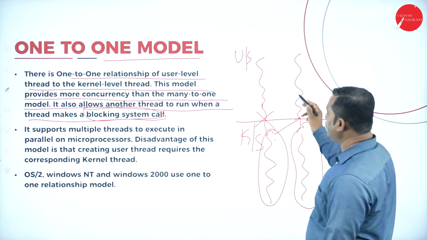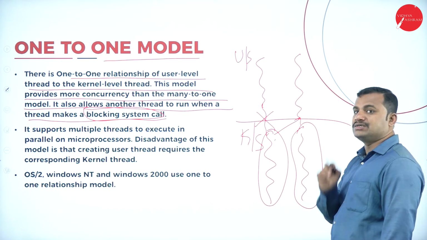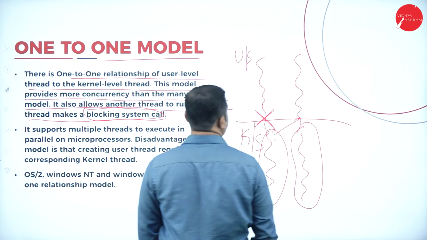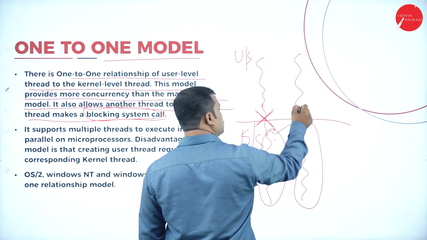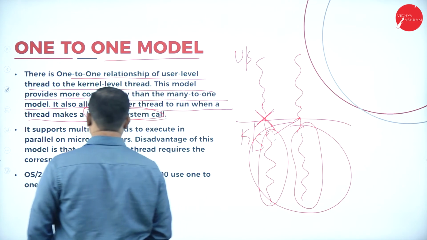Then it becomes one-to-many, but we do not have a one-to-many model in this operating system. So what do we have? When one of the processes is blocked, another process can utilize the threads available in the kernel space. That is the meaning of it.